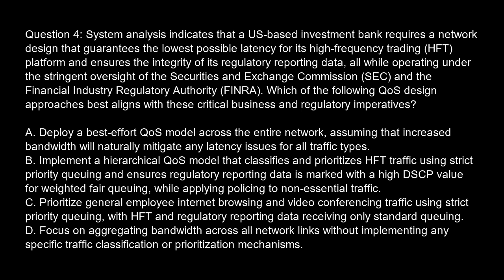Option C. Prioritize general employee internet browsing and video conferencing traffic using strict priority queuing, with HFT and regulatory reporting data receiving only standard queuing. Option D. Focus on aggregating bandwidth across all network links without implementing any specific traffic classification or prioritization mechanisms.